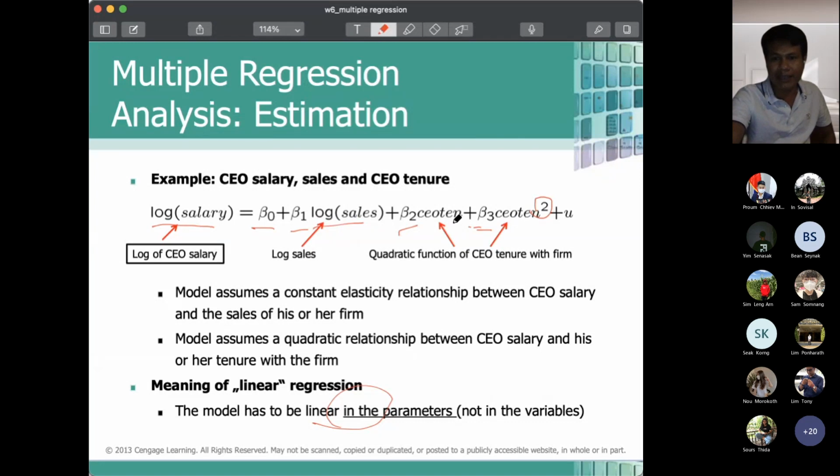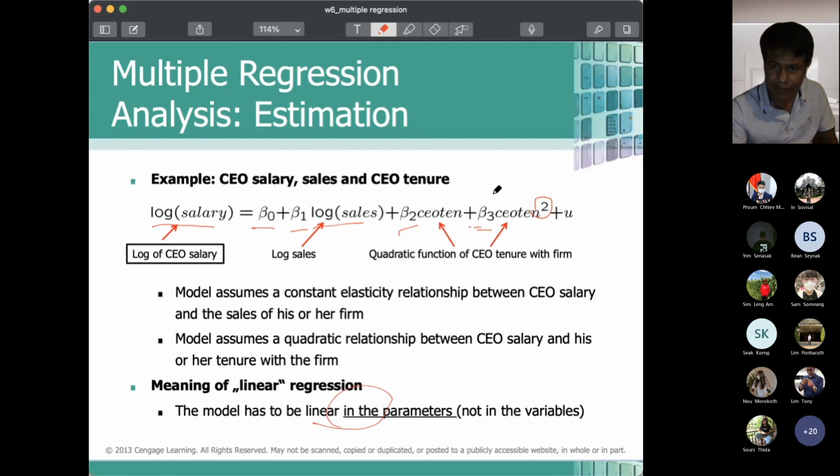So here, as you can see, the CEO 10-year is a quadratic functional form. To interpret this quadratic functional form, you need to do what we call partial derivative. So you need to do partial derivative with respect to the CEO 10 years.